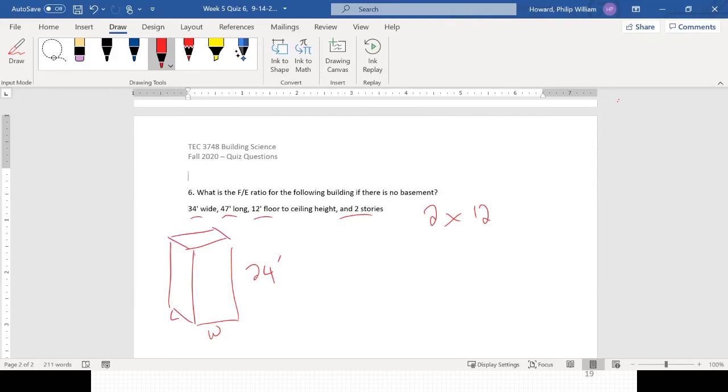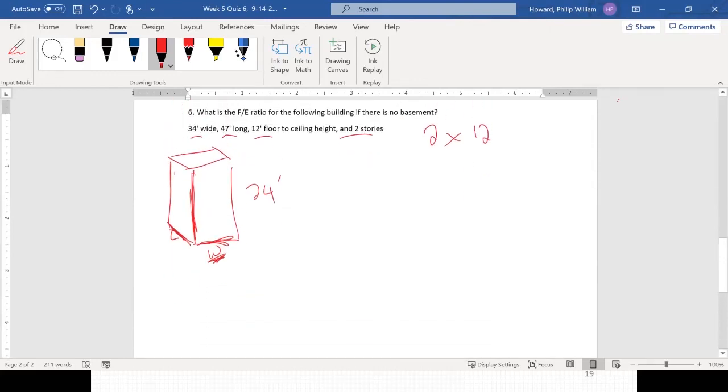So we just find 24 feet times our width times 2, and then 24 feet times our length times 2, and then width times length times 2. So we had to do that 3 times, right? So not too difficult. And that's it.